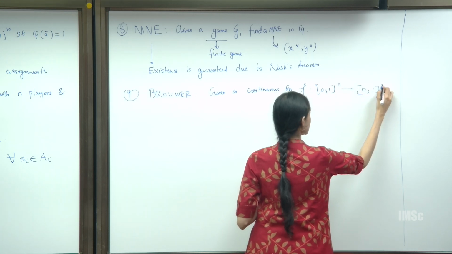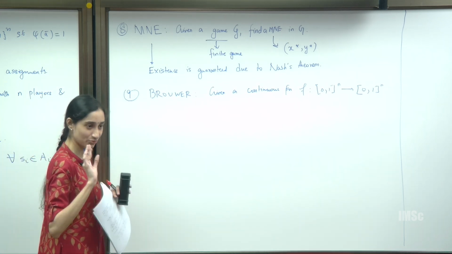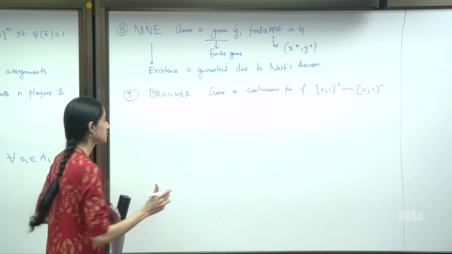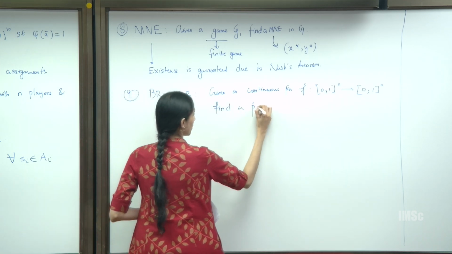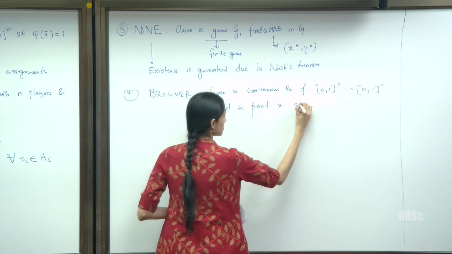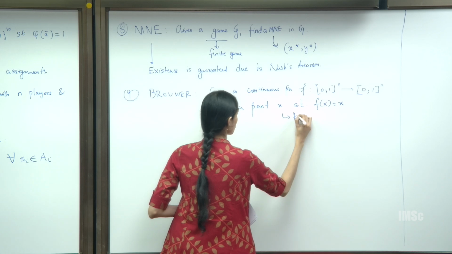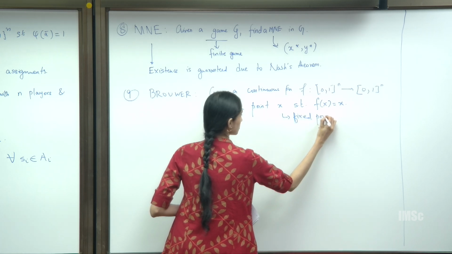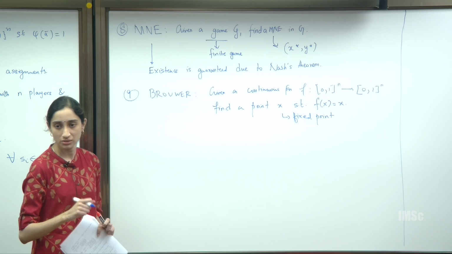Or you can think of it as a continuous function from a disk to a disk. Okay. So it's like you have coffee and you are swirling the coffee with a stirrer, right? If the movement is continuous, you will find a fixed point. So find a point x such that, so this x is called a fixed point. So Brouwer's theorem tells you that such a point always exists. The question is you have to find the point.